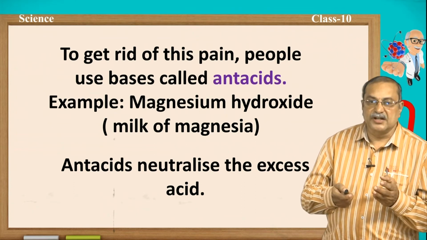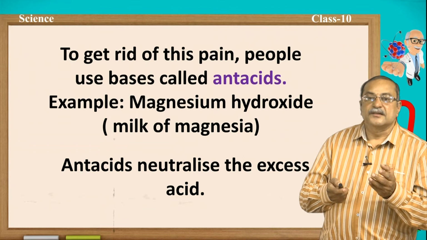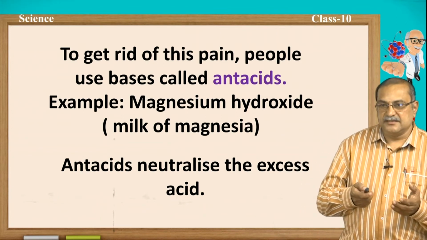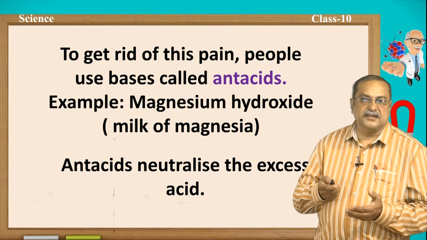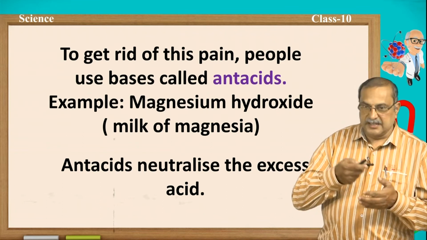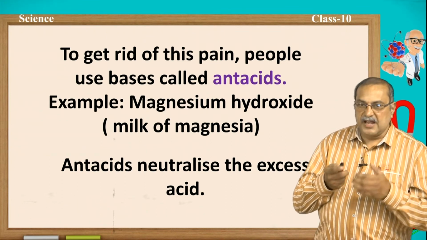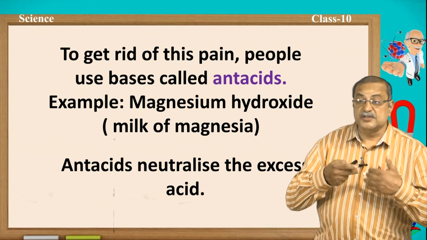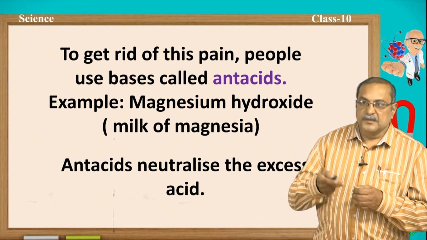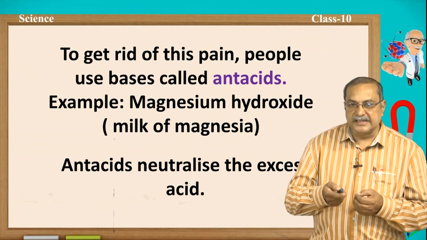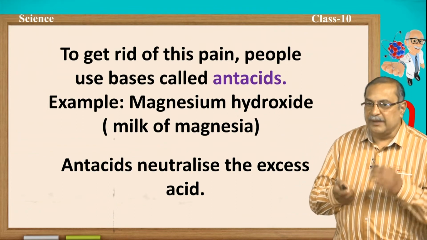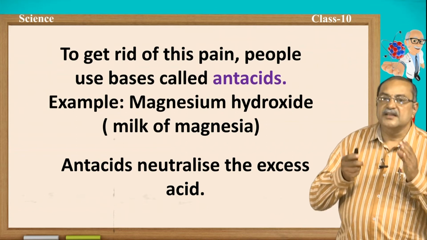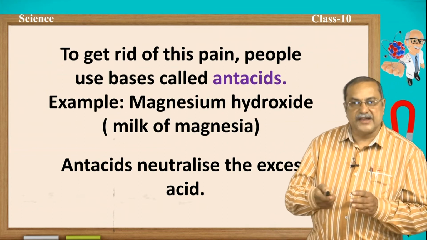Antacids neutralize the excess acid because antacids are basic in nature. These bases react with the acid in the stomach, hydrochloric acid or any other acid present, and neutralize it. So, the main action of an antacid is to neutralize the excess acid.